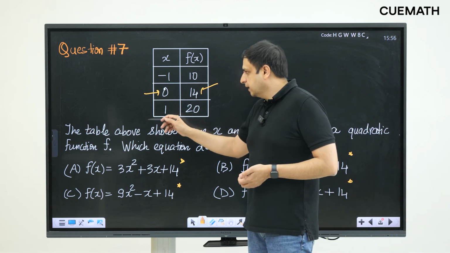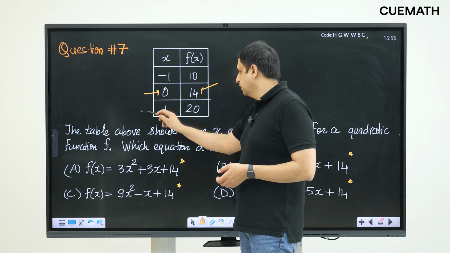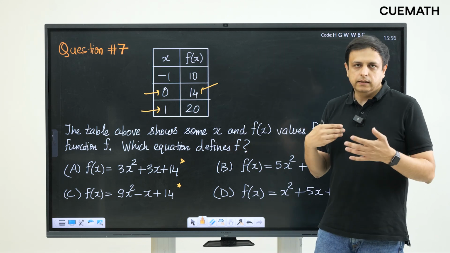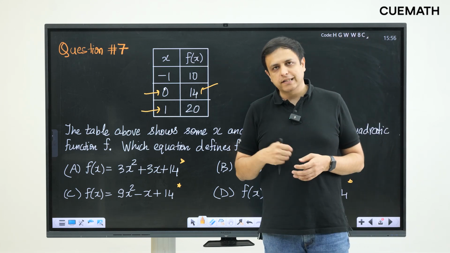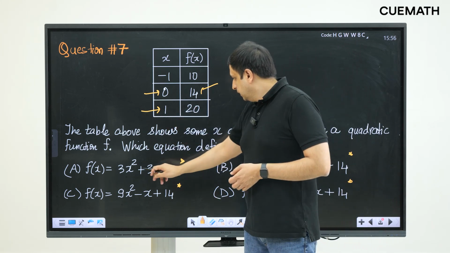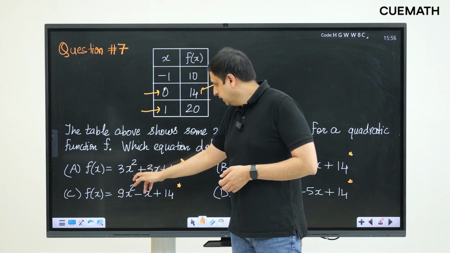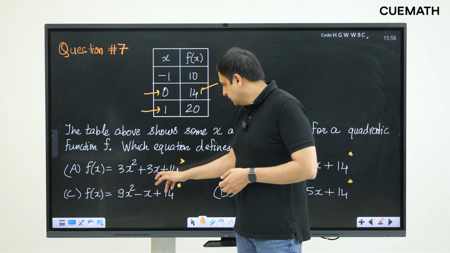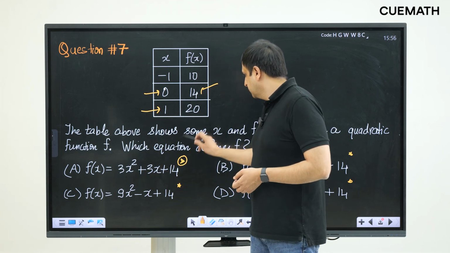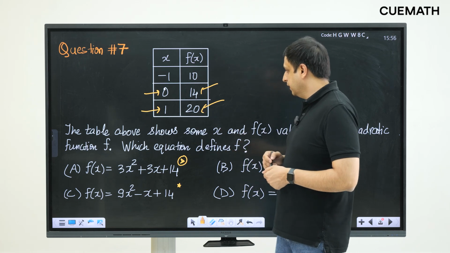So now let's take the next easiest substitution, which is x equal to 1, because evaluating an expression for x equal to 1 is fairly easy. So if I do it here, I'll get 3 times 1, 3, plus 3 here, plus 14, which is 20. So this is still an option because f of 1 is 20.